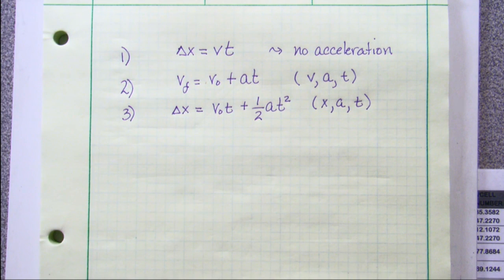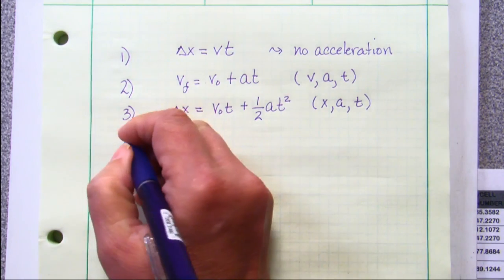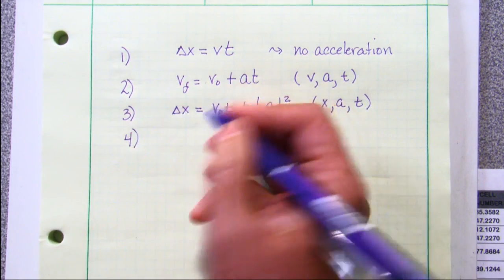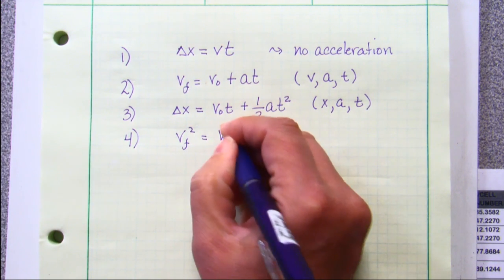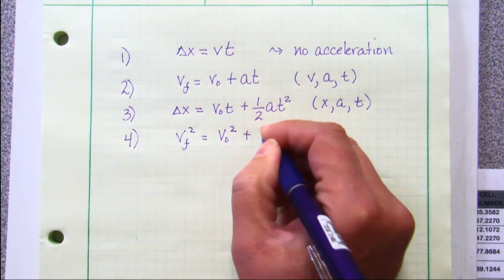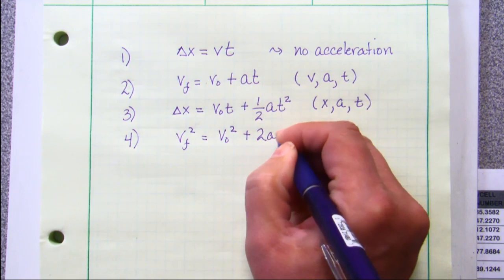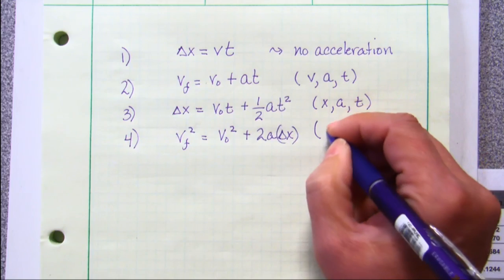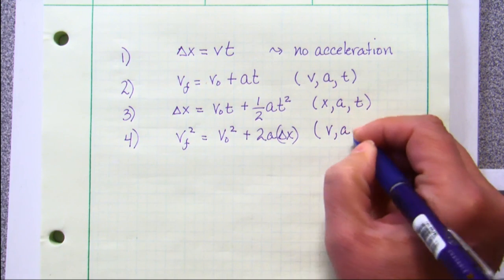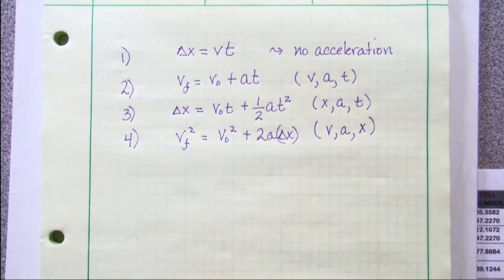And just because we like to play with it, I'll give you a fourth one. This gives me my velocity final squared is equal to my initial velocity squared plus 2 times the acceleration times my change in distance. And this one gives me velocity, acceleration, and position.